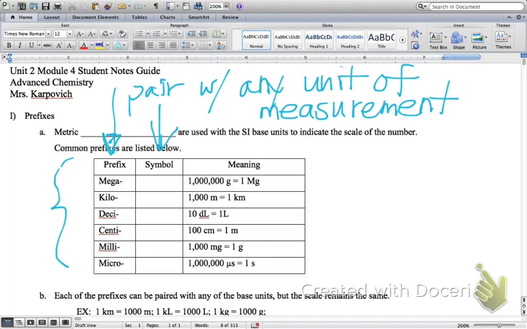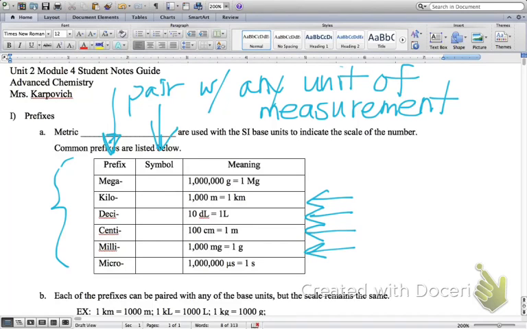One thing that I specifically wanted to mention about this table is that there are 4 prefixes in this table that you will be expected to memorize. You do need to memorize the prefix kilo right here, deci right here, centi right here, and milli right there.